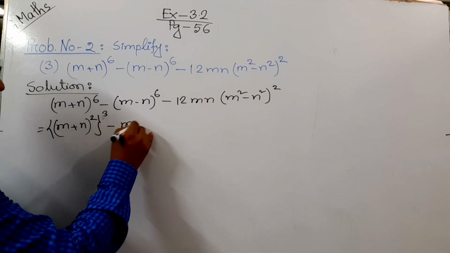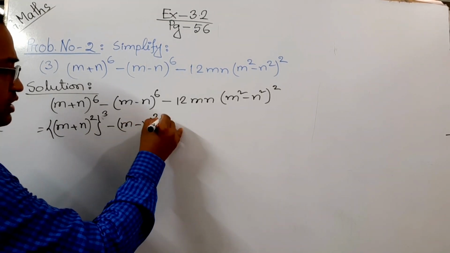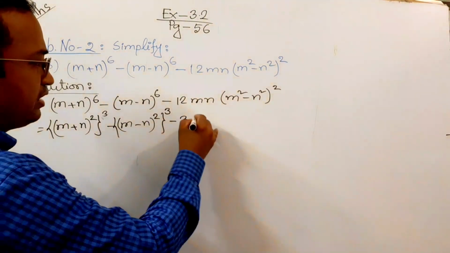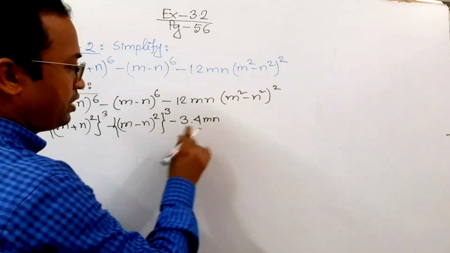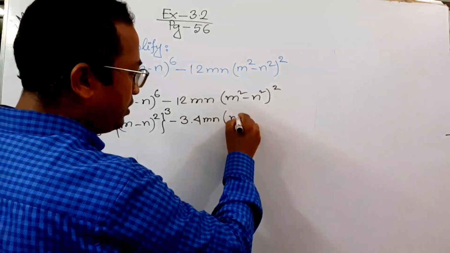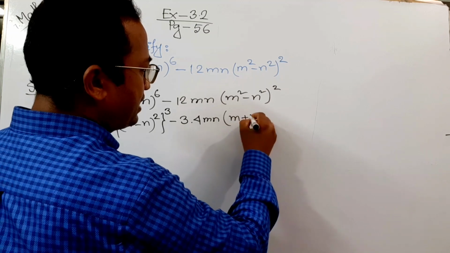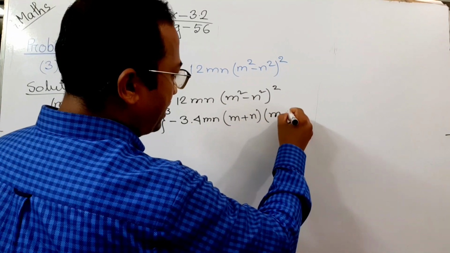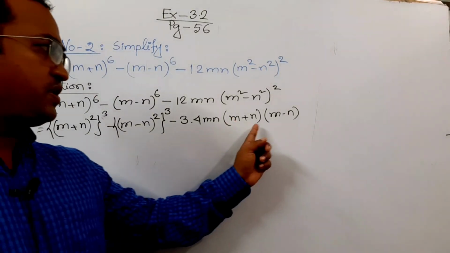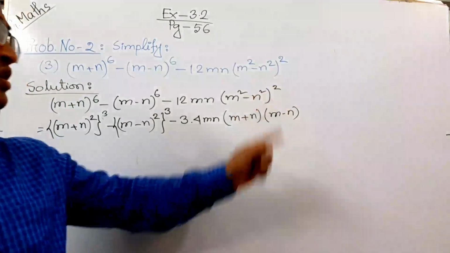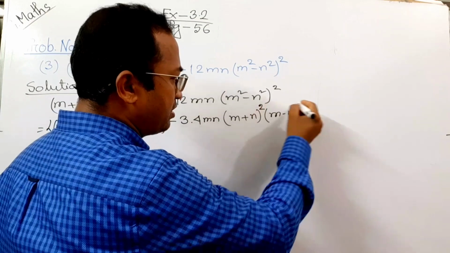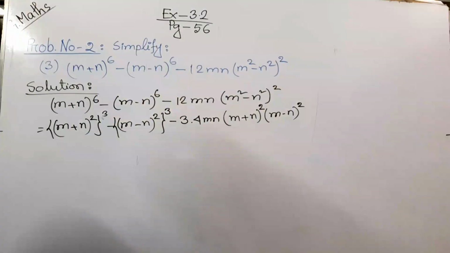Similarly, we can write ((m minus n) square) whole cube, and here 3 into 4mn, 3 4s are 12 mn, and it will be (m plus n)(m minus n), that is a square minus b square, (a plus b) into (a minus b). There is a square, whole square. So that square we can write for both.